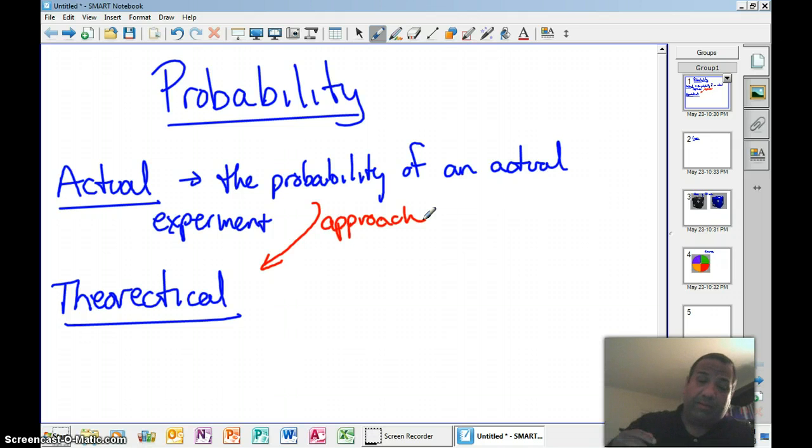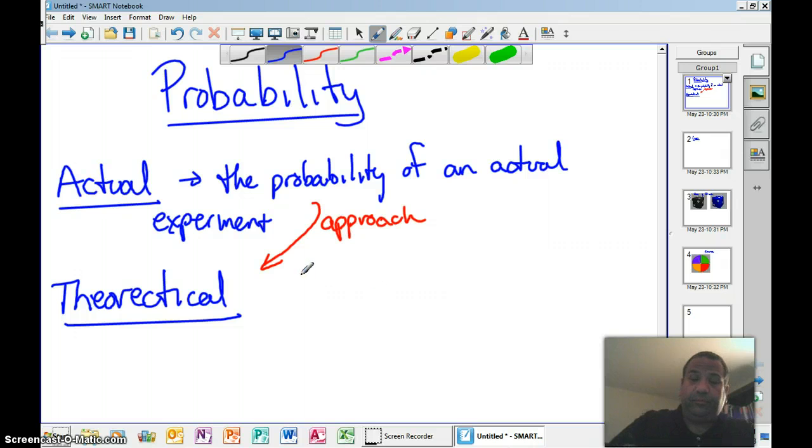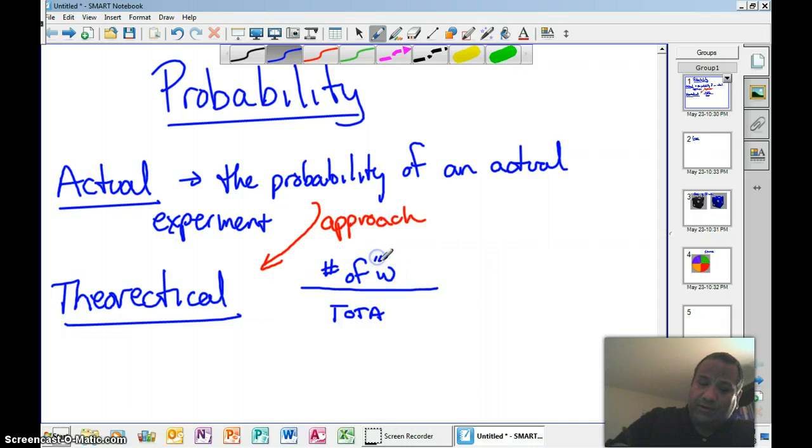The theoretical probability is defined as the number of winners, and I put winners in quotes, over the total amount of choices.